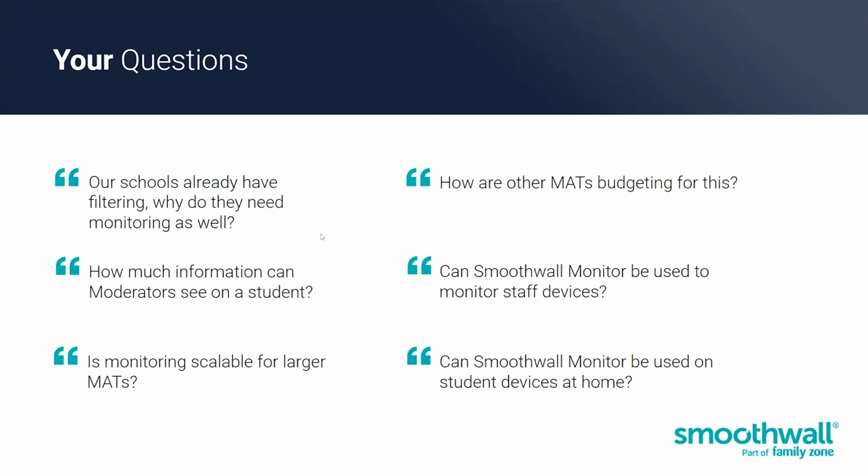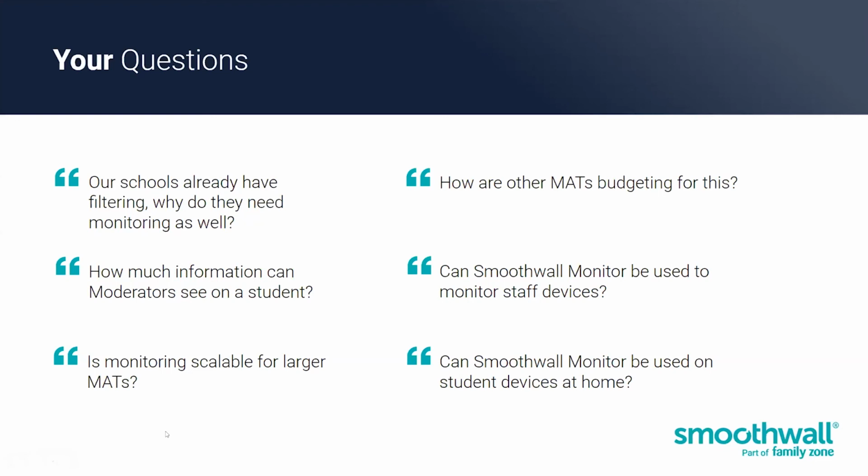And I think of the questions on the slide, the only other one we haven't covered is: how are schools budgeting for this? That's something that you can talk about, Matt? Yes, so it varies from school to school, trust to trust, in terms of whether this comes out of IT budgets or usually safeguarding will have a budget for this on a per school basis. I know Mark's just asked what is the cost per student.